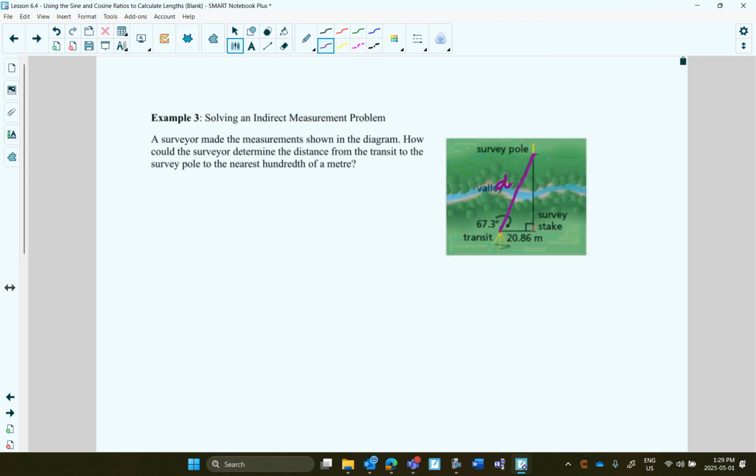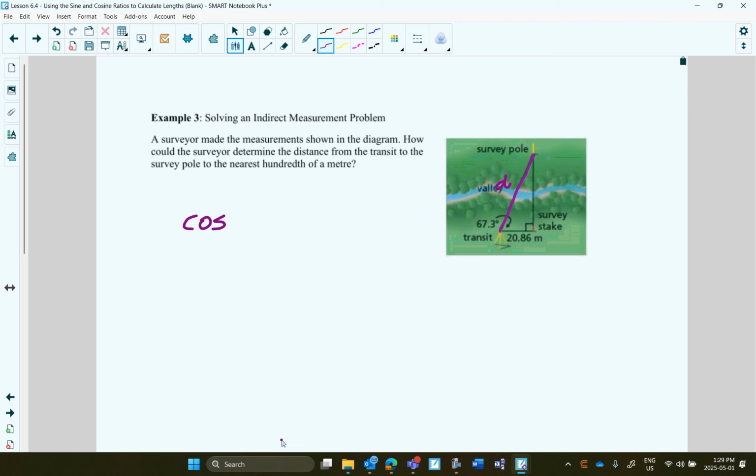Any idea what trig ratio? Cos, yes. Because we're trying to find the hypotenuse D, and we're given the adjacent. Remember, this is the opposite side, but it has nothing to do with this question. So it's adjacent hypotenuse, which means cos.